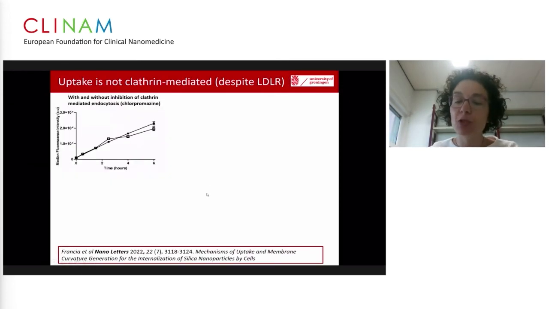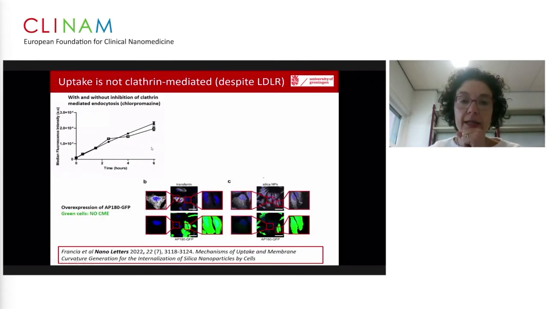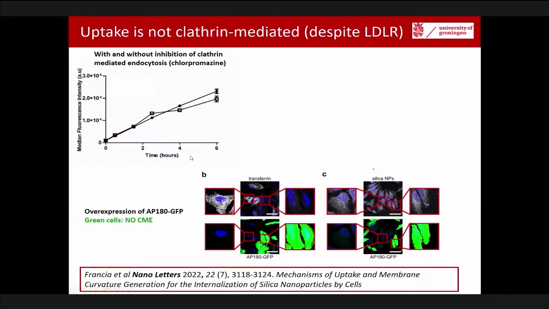But we really wanted to be sure of this LDL receptor condition. We really wanted to be sure that uptake is not clathrin-mediated. And there are different methods to try to exclude that, to try to confirm that. This is another example. You can overexpress this protein, AP180, and the cells become green.